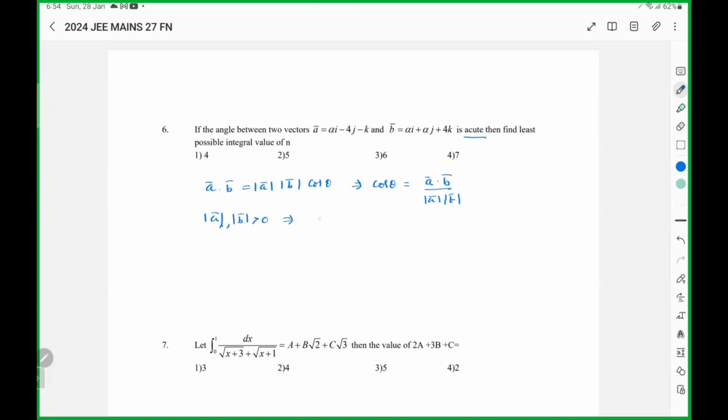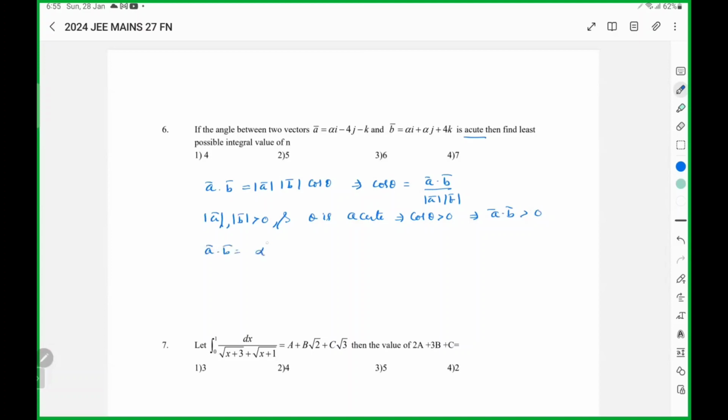So cos theta is positive, and theta is acute, which implies cos theta must be positive. A dot B must be positive.